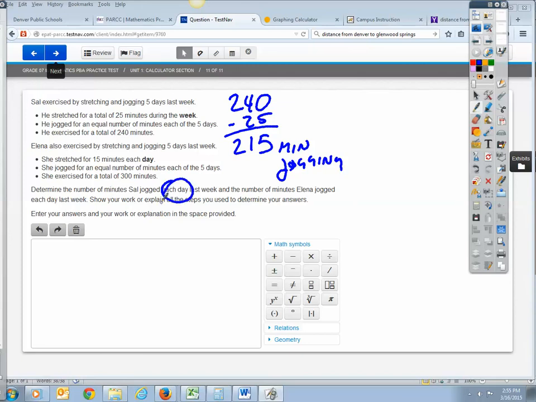So then divide that by 5 because it was a 5-day week. And so 5 goes into 21 4 times. Let's just write it out. So it goes in 4 times. Carry the 1. Goes in 3 times. So that's 43 minutes of jogging per day. It's not too bad.